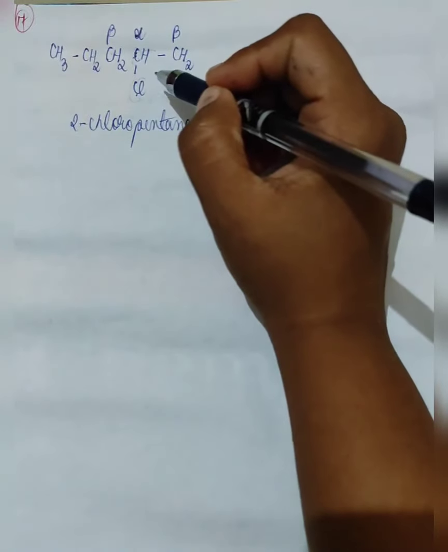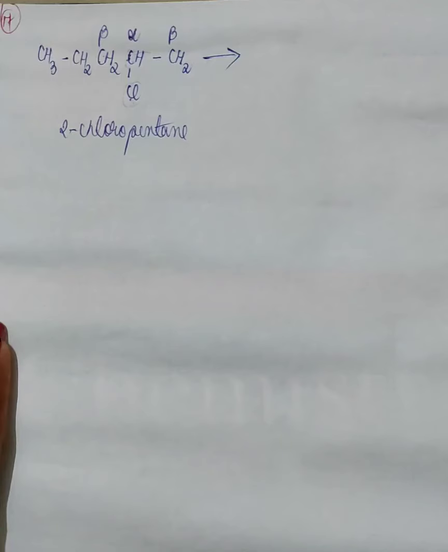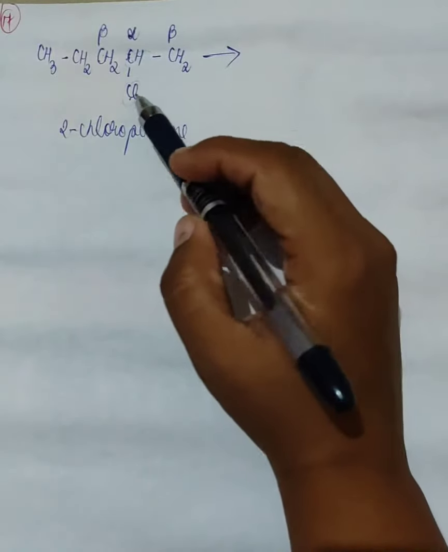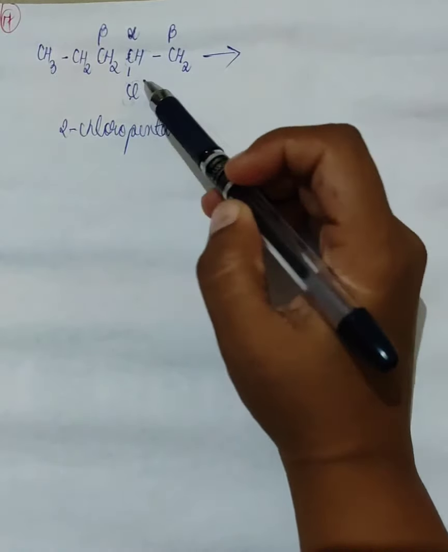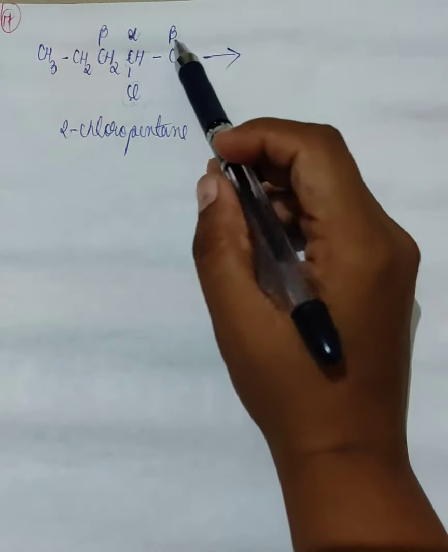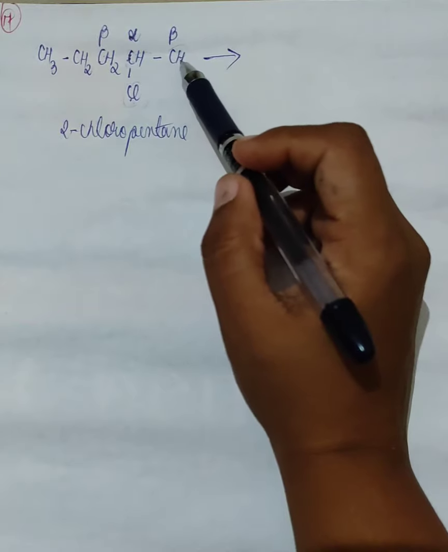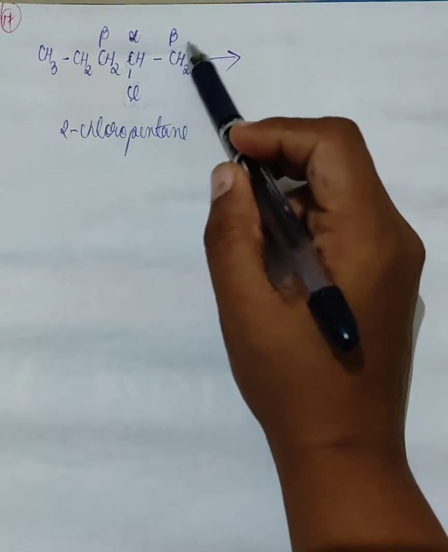Whenever we have two beta carbons, we will be getting two types of product. According to the elimination mechanism, halogen will leave as well as one hydrogen from the beta carbon. Now either the hydrogen can leave from here or here.